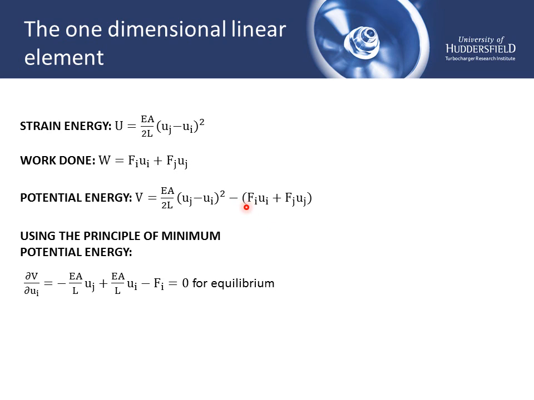Then the work done term, differentiating that with respect to Ui, there's only that bit that needs differentiating, it just gives us Fi, and we've got the minus sign there, and that has to be equal to 0 for equilibrium. Differentiating with respect to Uj gives us this equation here, so again that has to be equal to 0 for equilibrium.